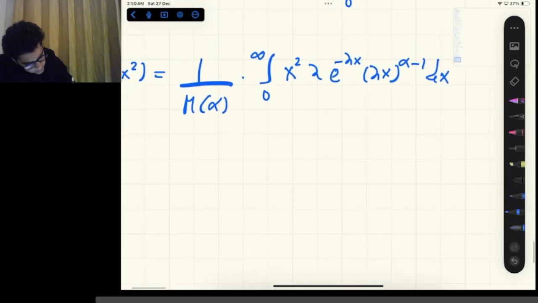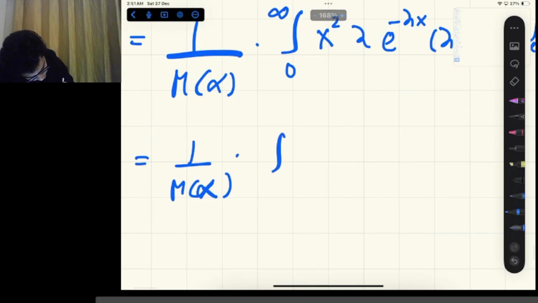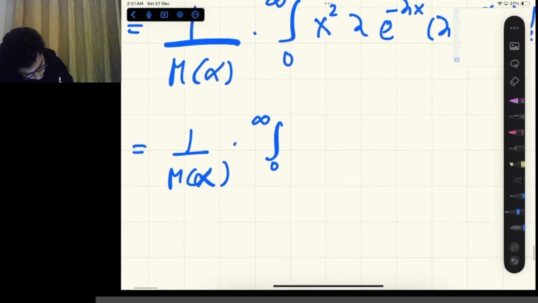Now I can write this as 0 to infinity x square lambda. So what I can do is I'll multiply by lambda and divide by lambda, and this lambda, this lambda and this lambda become lambda square.